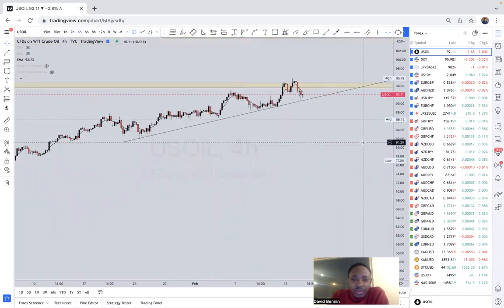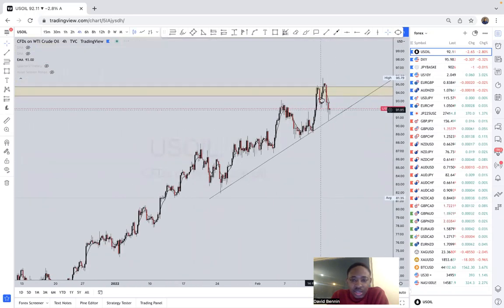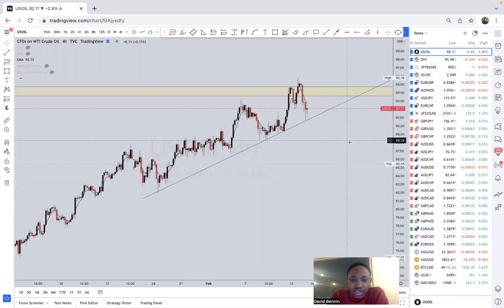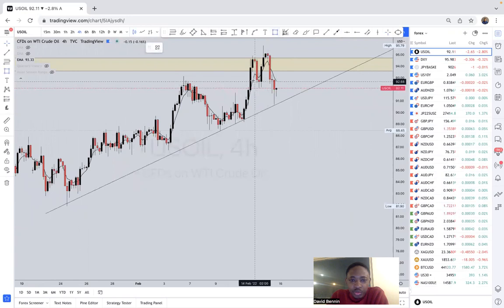On a 4-hour time frame, this is what we see. We could see price making a rally, then a drop into this level. Let's look carefully. We've seen a structure break here on the 4-hour time frame. So we broke this structure here.